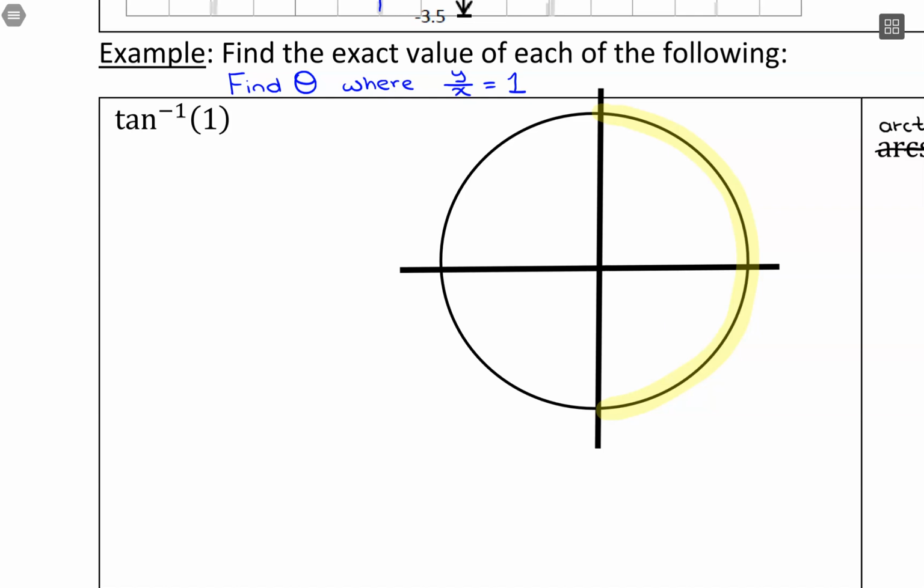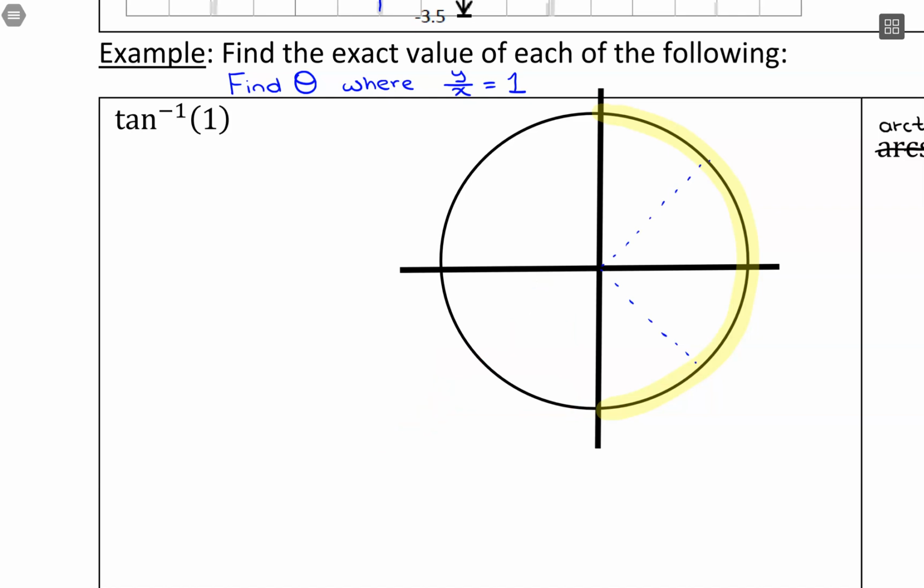Now, having a value of 1 in there, to have a ratio of 1, that's either occurring up here or down here. What's going to be key is that since it's positive, that means either both y and x need to be positive or both y and x need to be negative. And that negative scenario is happening here in the third quadrant, which is not part of our inverse tangent.